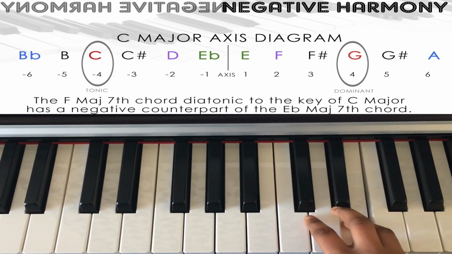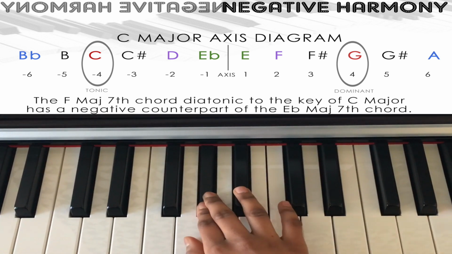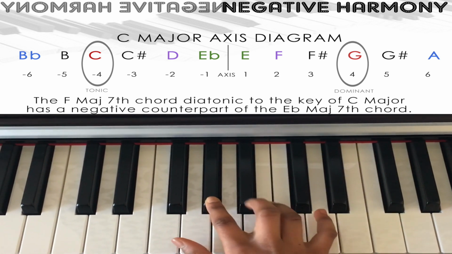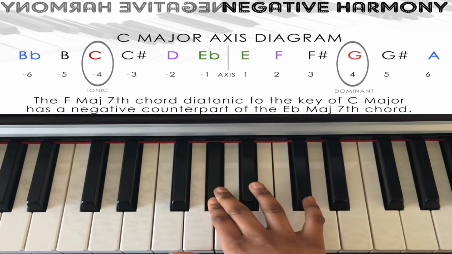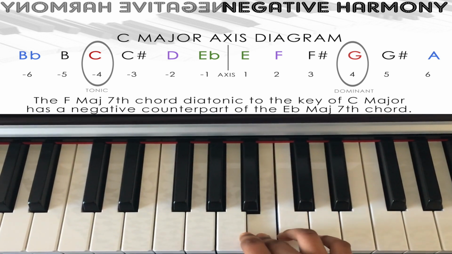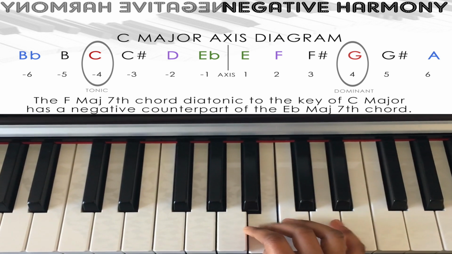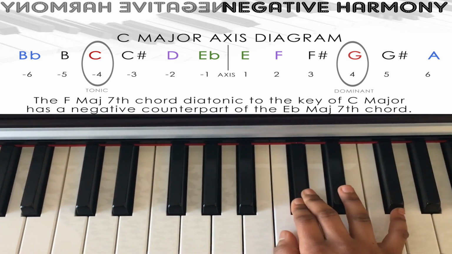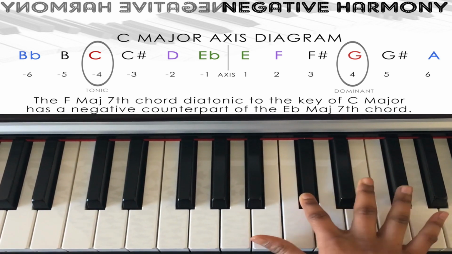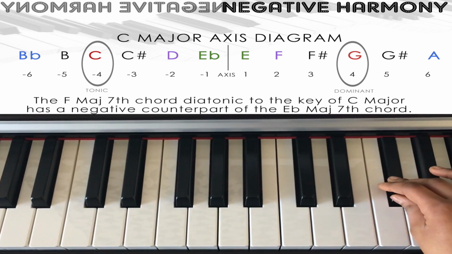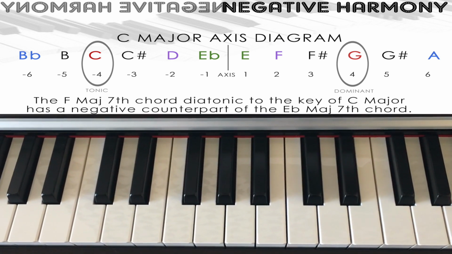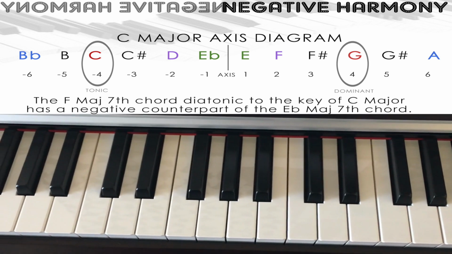Then A flat or G sharp is number 5 on the number line, so -5 would be B. And lastly, D flat or C sharp, which is -3 on the number line, would become F sharp, which is 3. So those are all of the symmetrical counterparts or negative pairs.